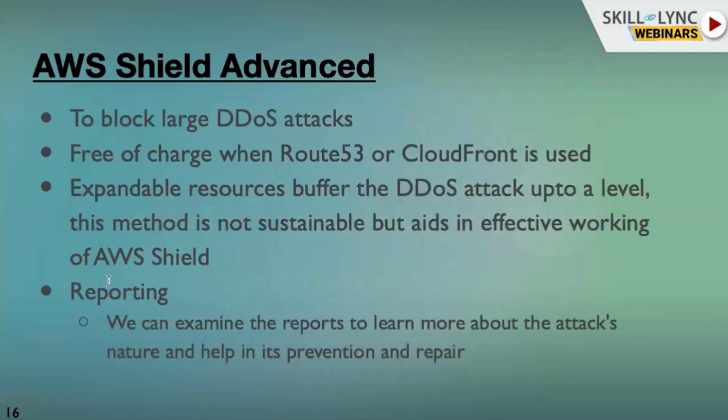Then coming to AWS Shield. This is a security service offered by AWS just to overcome one particular security attack, that is the DDoS attack. DDoS is distributed DoS attack. Say an attacker targets our website, which is hosted in an EC2 instance and offers to buy train tickets, right?